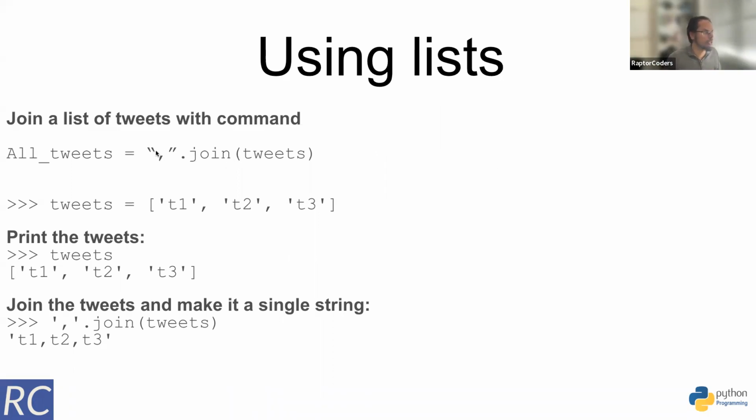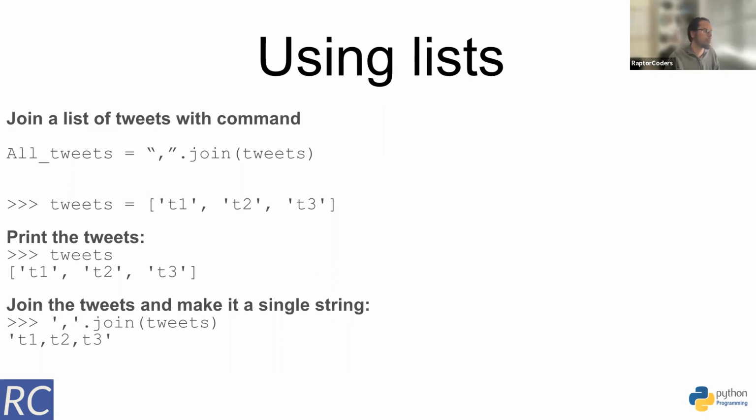So we use quotes, whatever you want to join with, in my case it is comma, dot join, and then you just provide the variable tweets. It will convert the list into a string and give you one single line, comma separated. It's just a very handy function that many times in life we use.